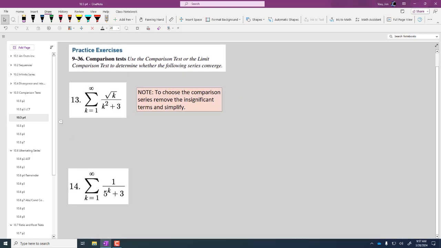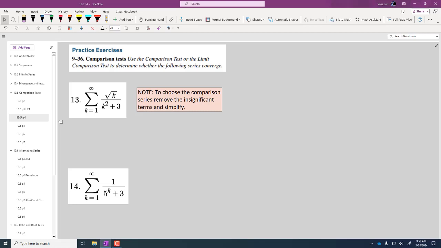It says use the comparison test or the limit comparison test to determine whether the following series converge. First off, let's choose our b sub k. To choose the b sub k, the general rule of thumb is to remove the insignificant terms and simplify.